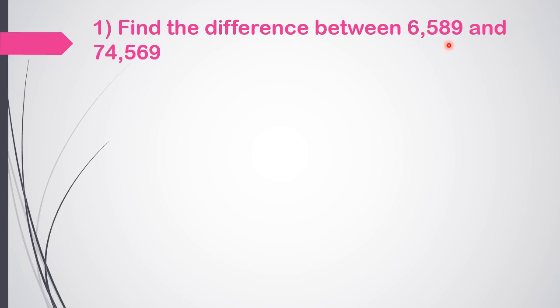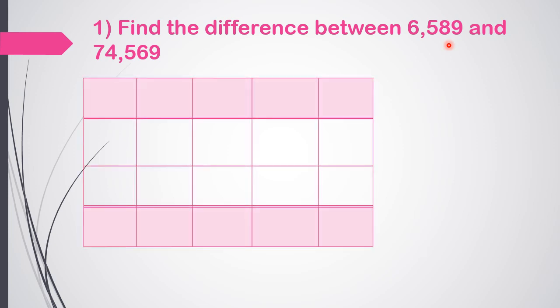So first we have to write the 74,569. Before that we have to draw a table. This one we have already done for addition also. After that we have to write the place values: ones, tens, hundreds, thousands, ten thousands.